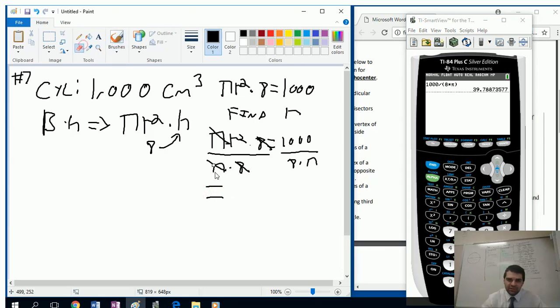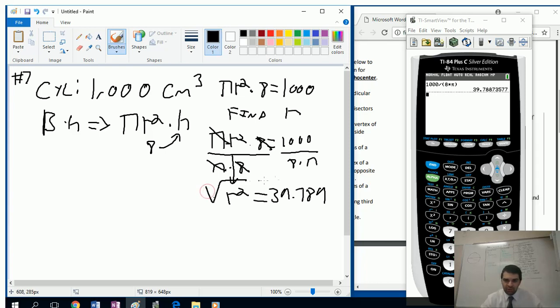Sorry, actually let me erase that. So r squared, so we canceled out the 8 and the pi, but we didn't cancel out the r squared. So our r squared is equal to 39.789. Let's round up.